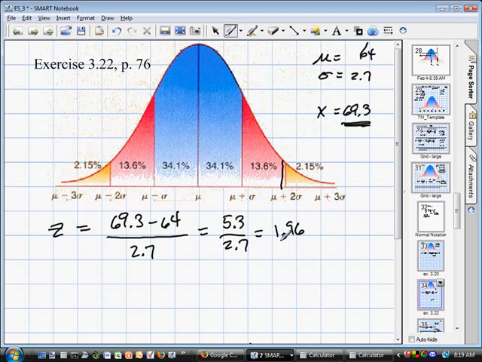1.96. And I get, what, 0.9750? But that's the percentage below. And the question said, what percentage of women are taller? So I have to subtract from 1.